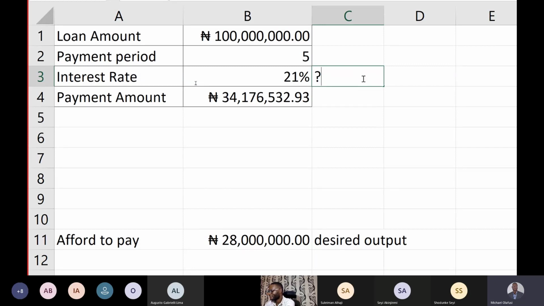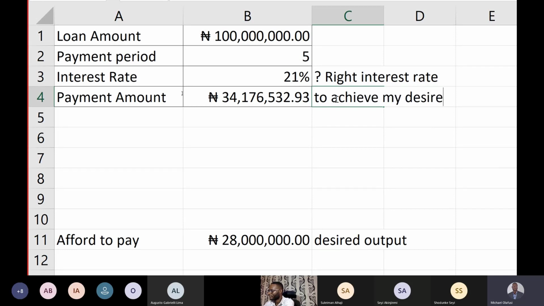In this case, the right input is the right interest rate to go and negotiate for, so that I will achieve my desired output. So are you getting it?